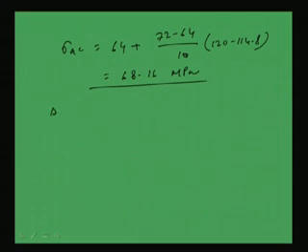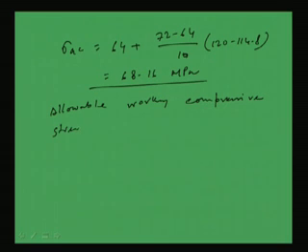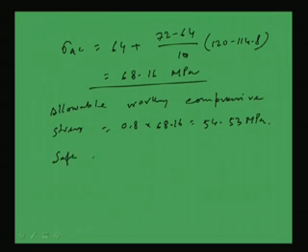So, the allowable compressive stress for this particular section is 68.16 MPa. The allowable working compressive stress will be 0.8 times of that. So, 0.8 times 68.16 is becoming 54.53 MPa. So, the safe load will be 54.53 into area.